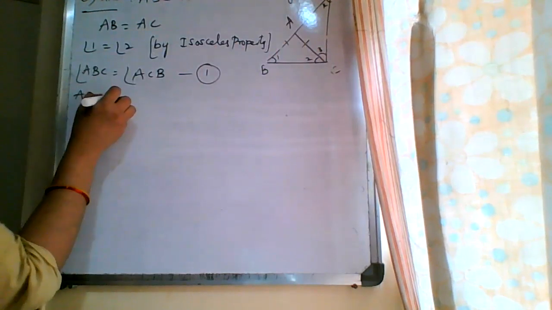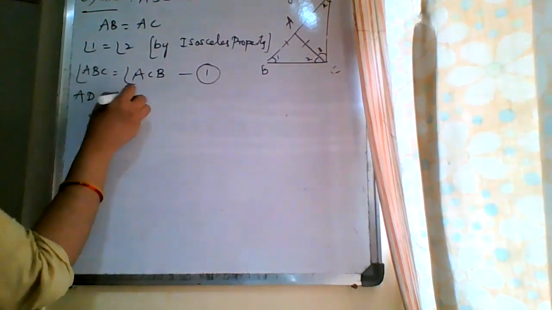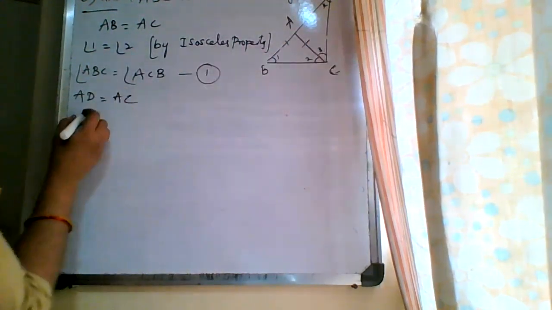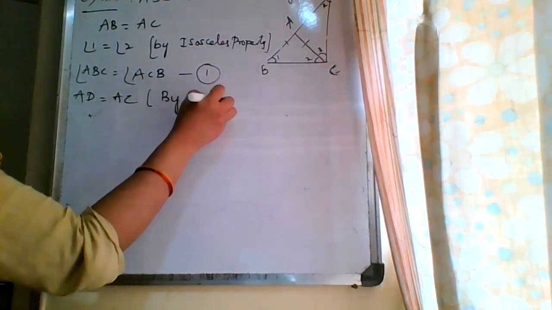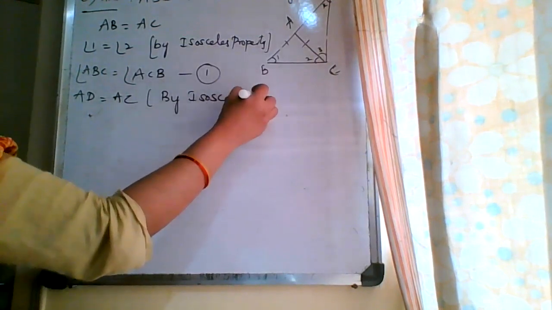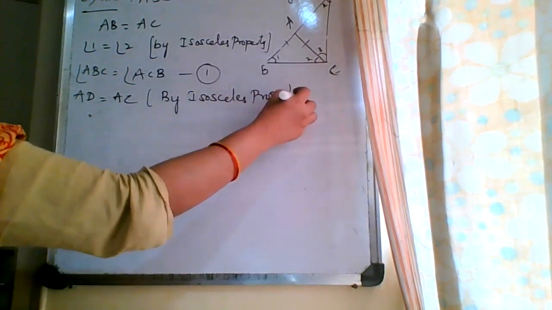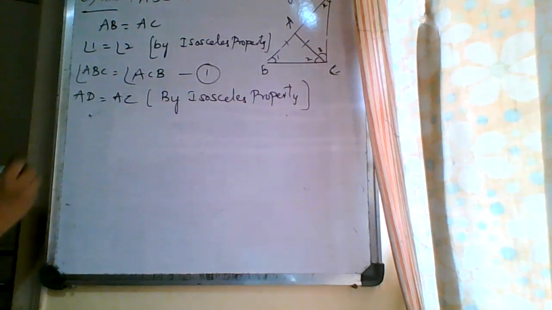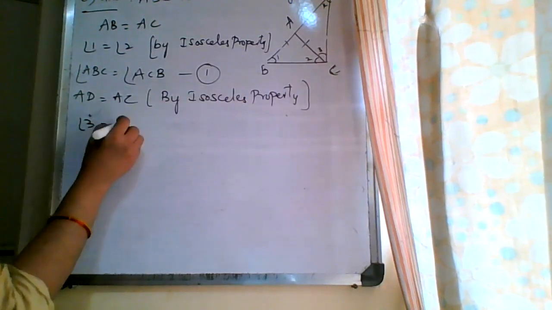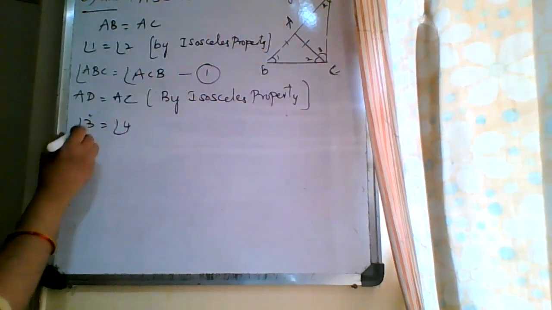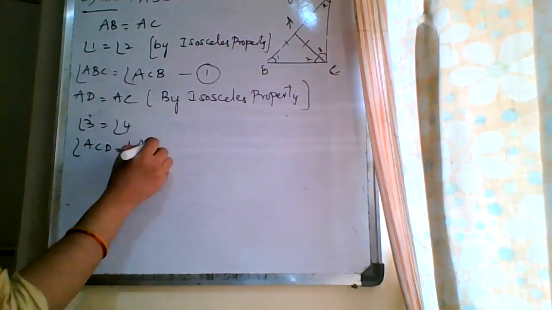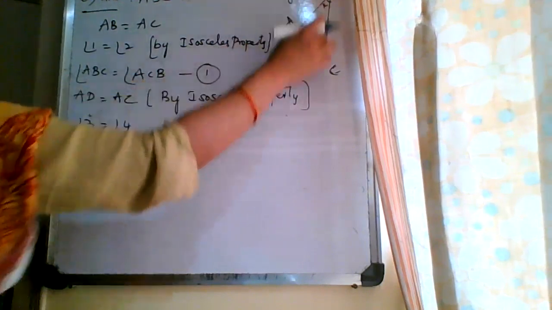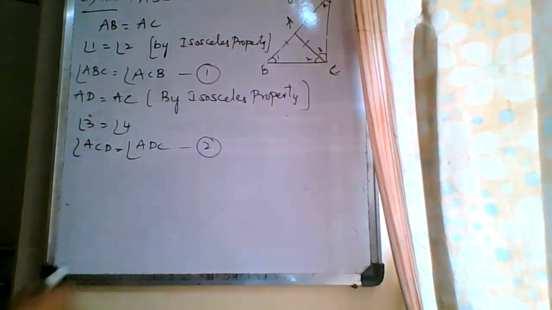Given AD is equal to AC, then by the isosceles property, opposite angles are also equal. Therefore, angle 3 is equal to angle 4. But what is angle 3? Angle ACD is equal to angle ADC. Suppose this is equation 2.